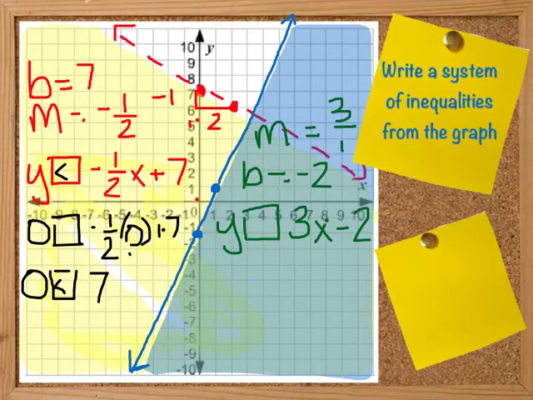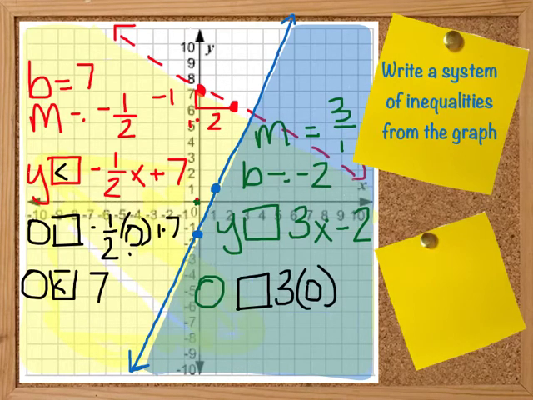Again, I like looking at the point 0, 0. Here it's a different situation though, because here 0, 0 is not part of my solution set. So I want to put an inequality in that will make it a false statement. So 0 is something to 3 times 0 minus 2. 0 is something to negative 2.